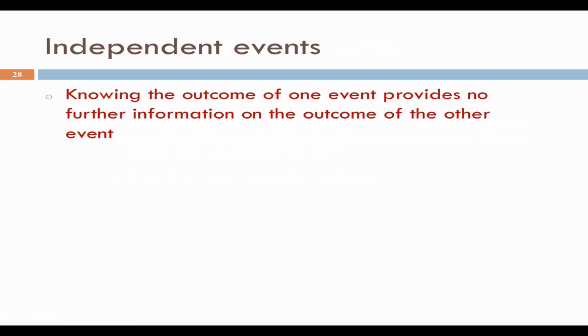When we say two events are independent, that means that if I know the outcome of one event, that provides absolutely no information on the outcome of the other event. Sometimes in layman's language, we say those two events are completely irrelevant.